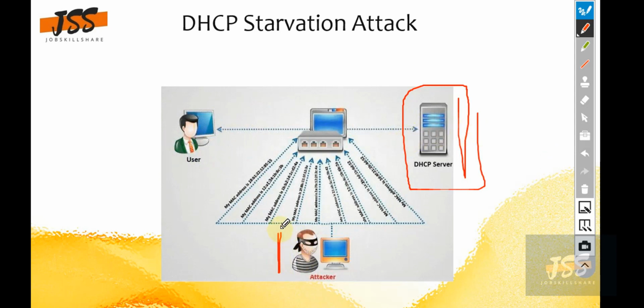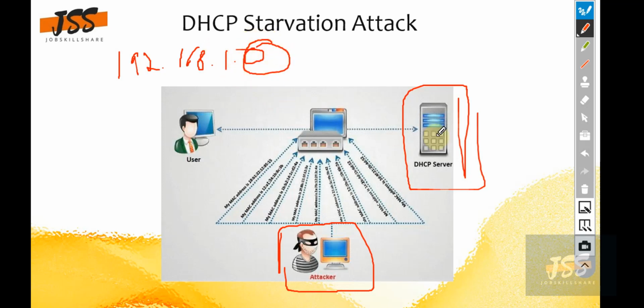What the attacker will do, and we know if we have the network 192.168.1.0, these are the number of IPs this DHCP server can allocate to these users. How many could that be? The total number is 255 minus 2, which is 253.